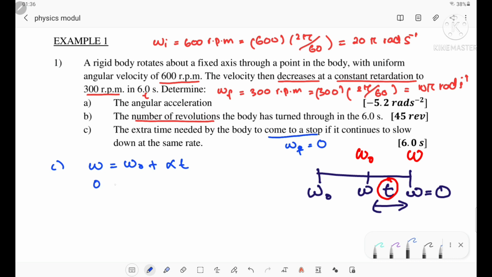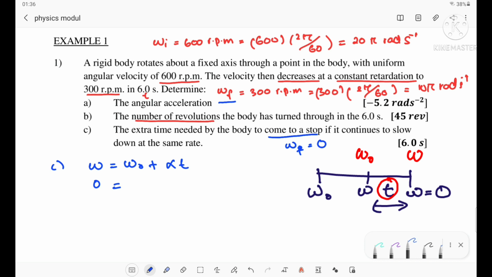We have 0, and the initial velocity we need to take from this one. The final angular velocity will become the initial angular velocity before it stops.